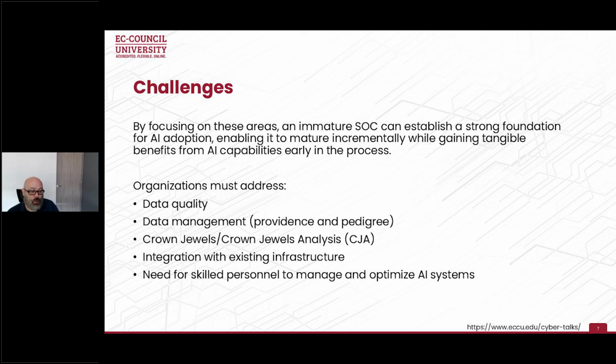Is the reflector, or the reflectors, modifying timestamps of the epoch? When did the alert actually happen? Things like that, if you're not cognizant of them, they will bite you in the worst ways. Crown jewels are always important, and you have to integrate with your environment. You can't come in with, here's my AI SOC, my SIEM, my XDR platform, and it doesn't work with anything.